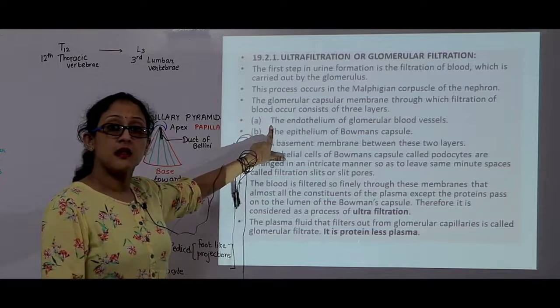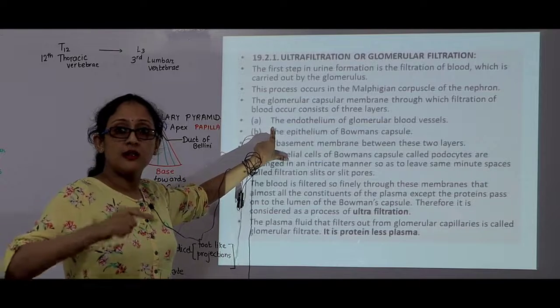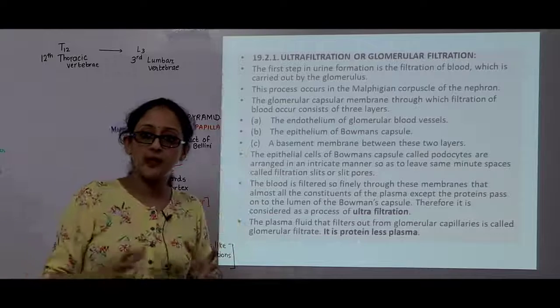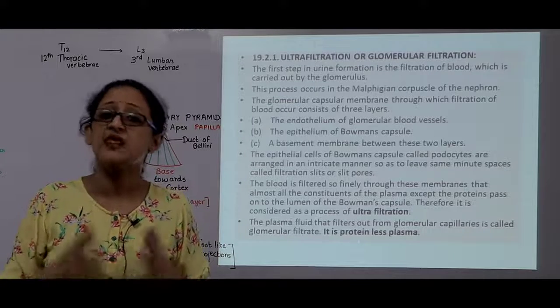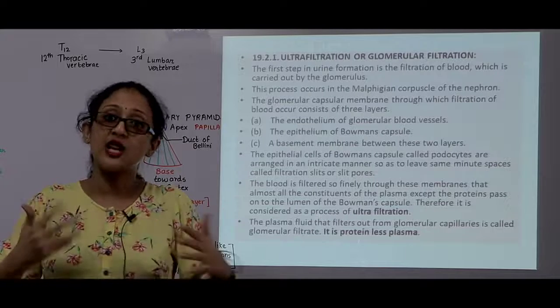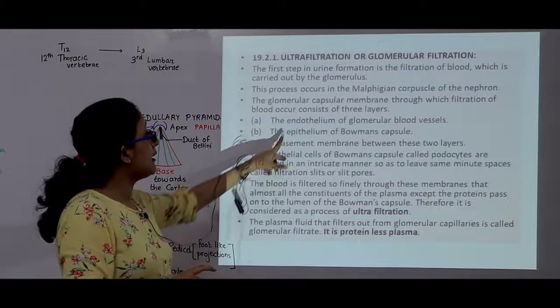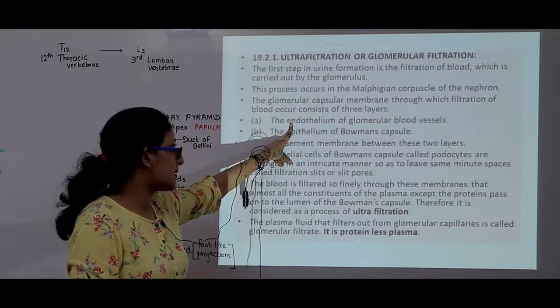The first is the inner lining of the capillaries of the glomerulus itself. See, the glomerulus is a tuft of capillaries. Capillaries only have a single layer of cells, squamous cells, through which filtration is possible. So this single layer of cells is called the endothelium of the glomerular blood vessels.